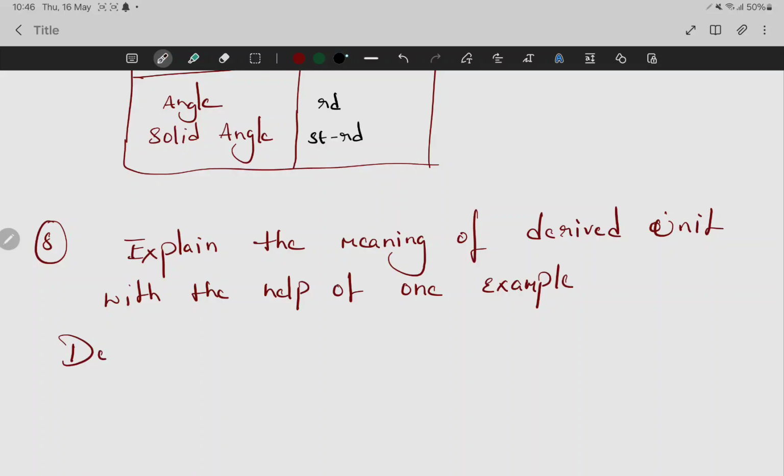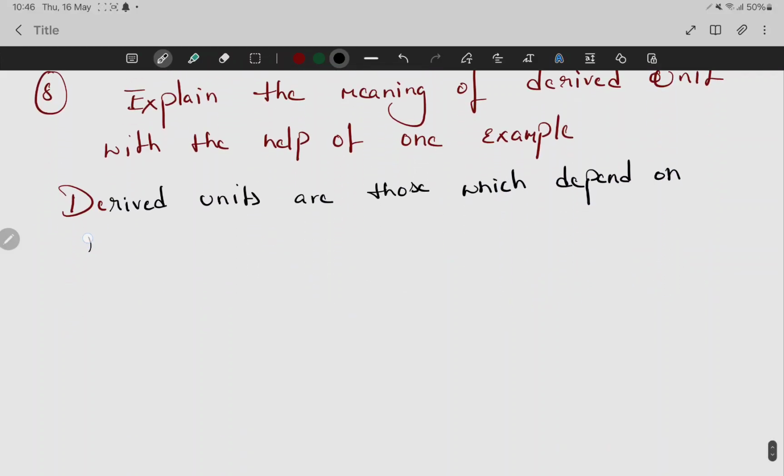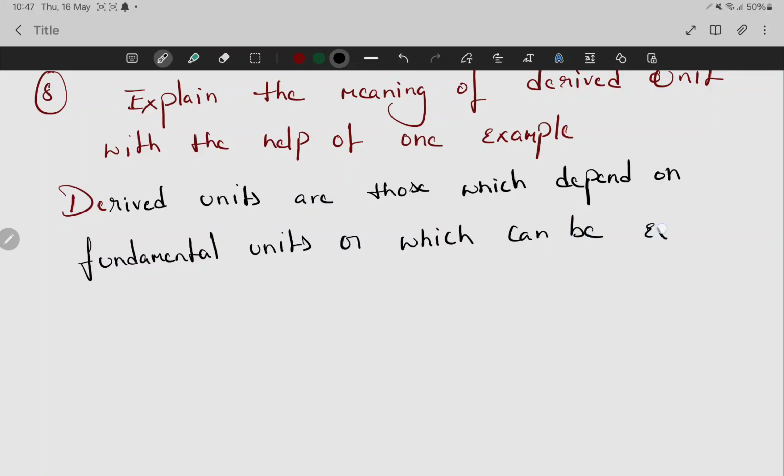Derived units are those which depend on fundamental units, or which can be expressed in relation with the fundamental units.